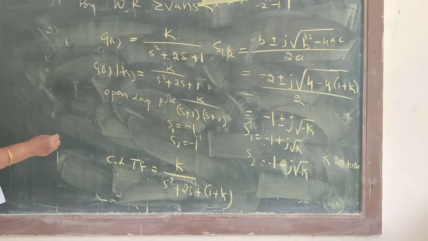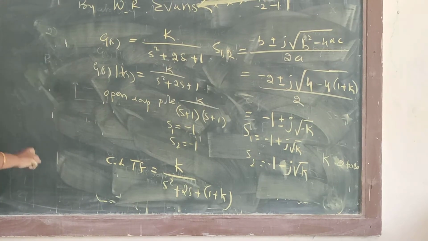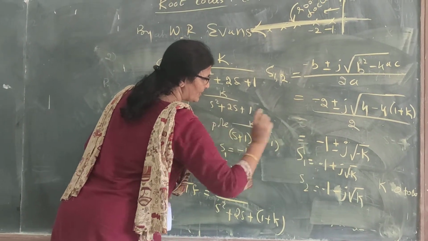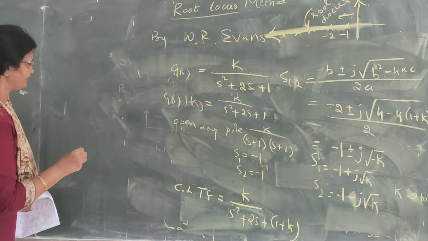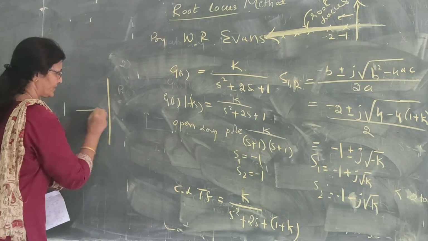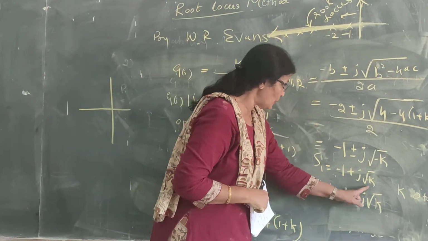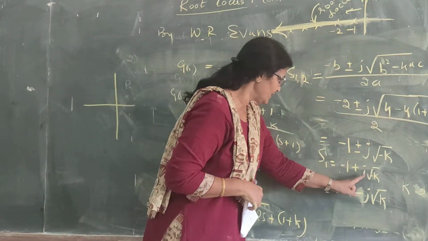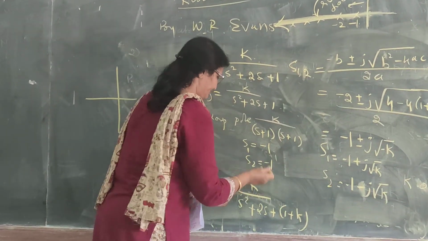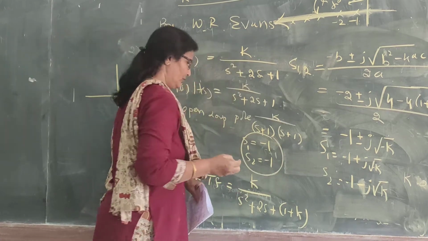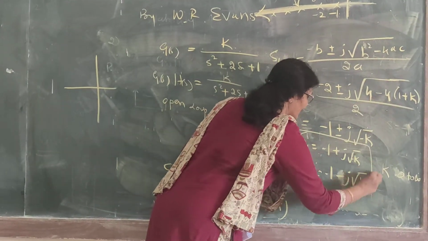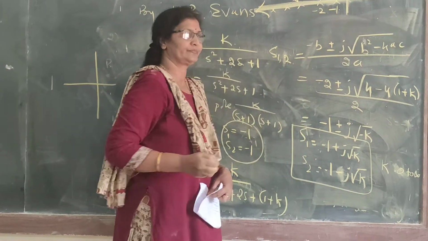So I am going to sketch the path of these two roots by varying the value of k. See here, the open loop poles are real poles, whereas closed loop poles are complex poles.